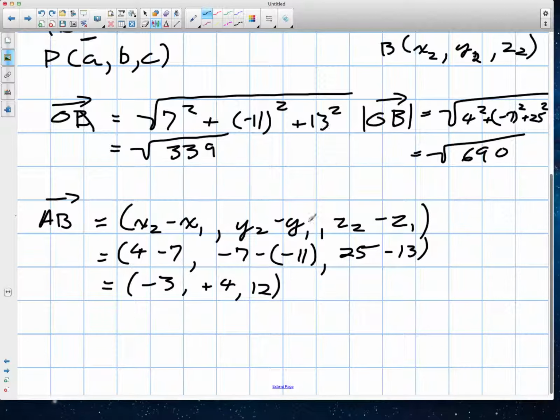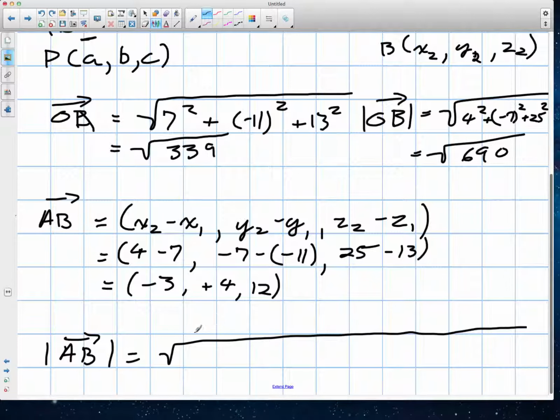And now that we have those values, the next question asks us for the absolute value of AB. Well, if we didn't have the position vector, there'd be a lot more work to this. We'd have to square each of them and then square root it. So I'm going to show you what the formula would look like if we didn't have that position vector.